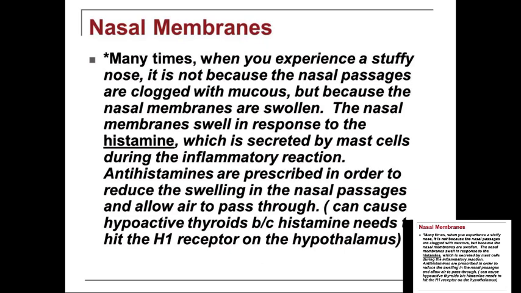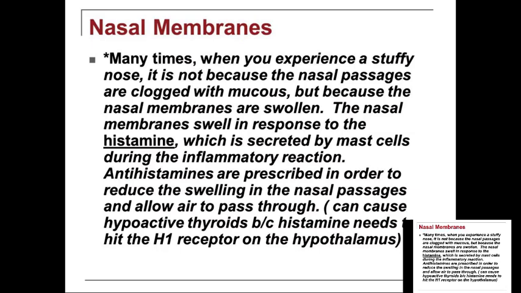But what we're starting to see is a trend with hypoactive thyroids as a result of using these antihistamines, because when you use an antihistamine, it blocks the H1 histamine receptor, which is used to stimulate the hypothalamus. So histamine 1 stimulates the hypothalamus.